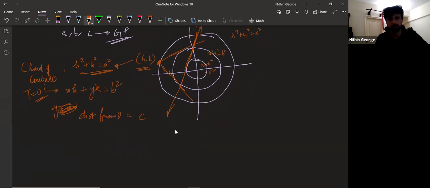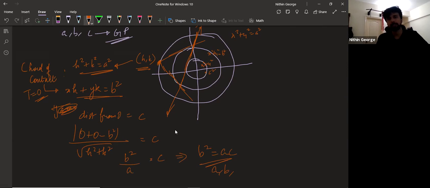So the distance of this chord of contact from the origin becomes 0 plus 0 minus b square divided by root of h square plus k square. This is equal to the radius c. So you get b square divided by root of h square plus k square, which is a square, root of that is a, equal to c. From here you can conclude that b square equals ac. So since b square equals ac, a, b, c are in GP.